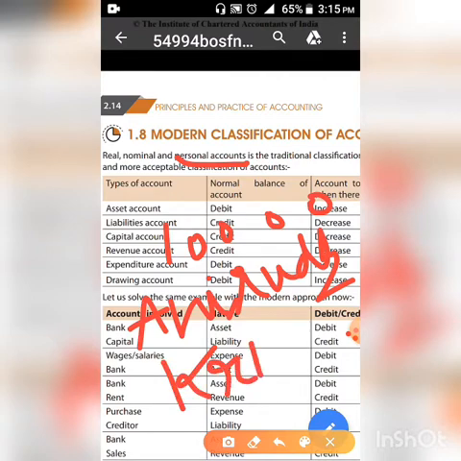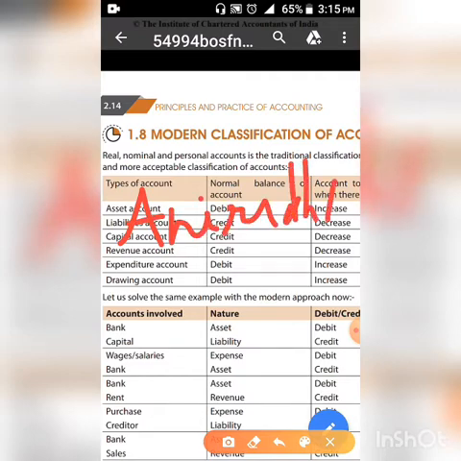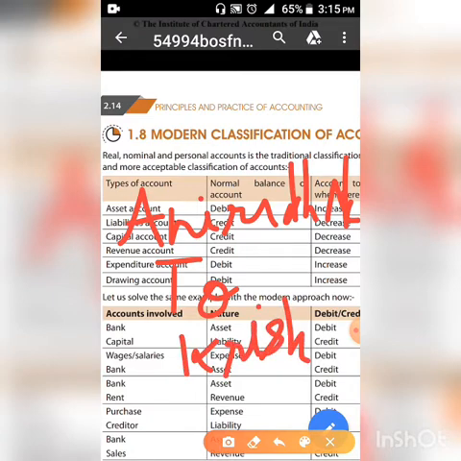Krishna. So, the journal entry will be Anirudh account debited to Krishna account. Well, this is the explanation for the first golden rule. Let us revise that again. The golden rule for personal accounts is debit the receiver and credit the giver.